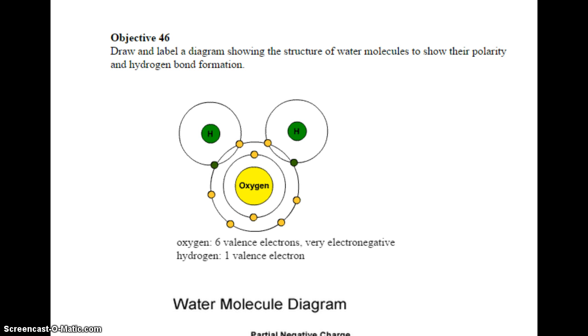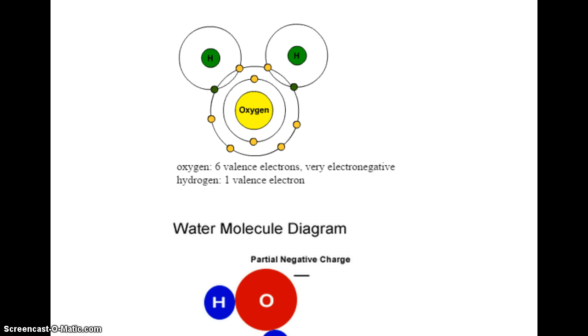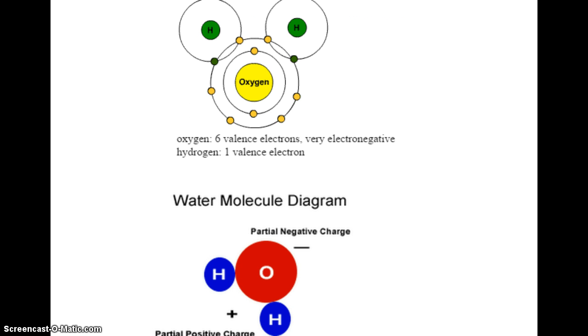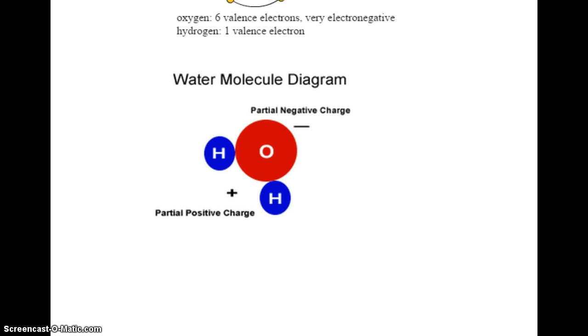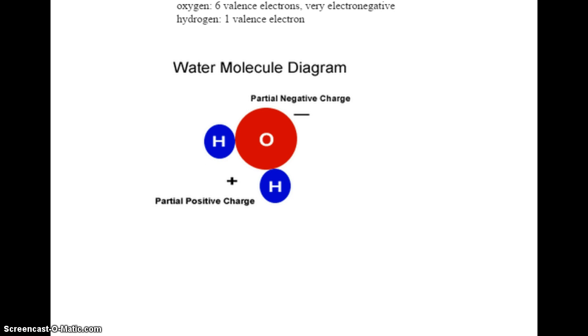And oxygen's electronegativity causes it to attract the electrons that they share with hydrogen, and it shares them unevenly, so that oxygen sort of hogs the electrons, so to speak, which causes oxygen to have a partial negative charge and hydrogen to have a partial positive charge, or both hydrogens to have a partial positive charge.